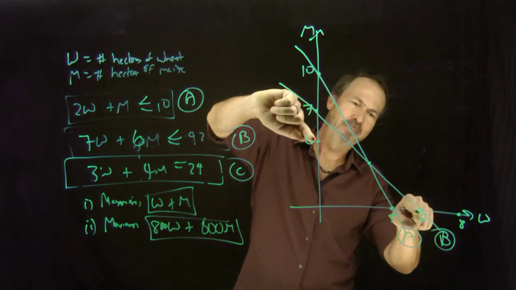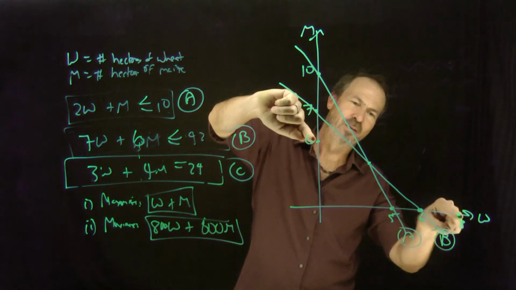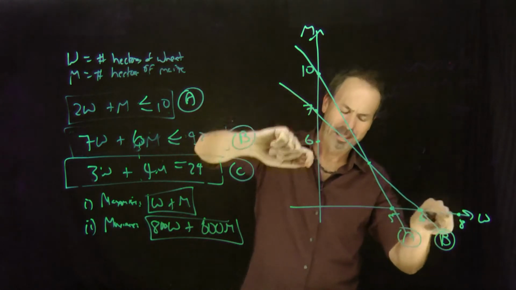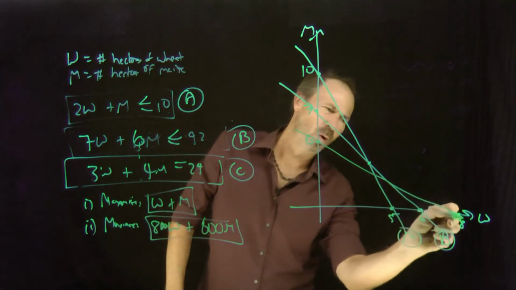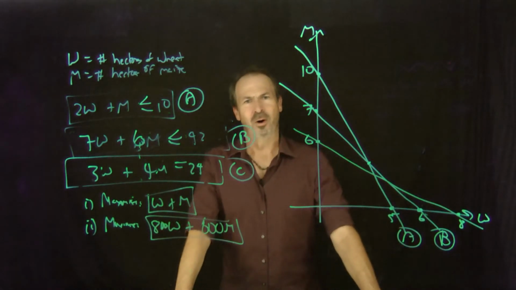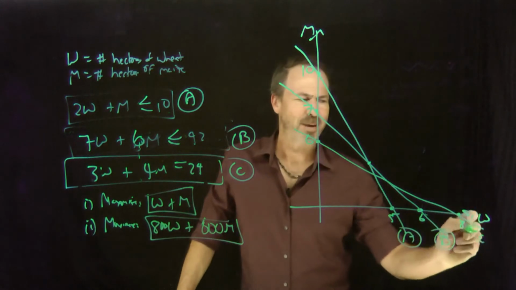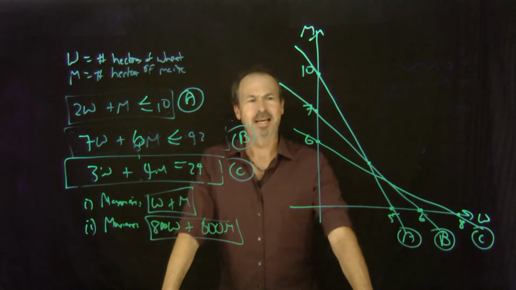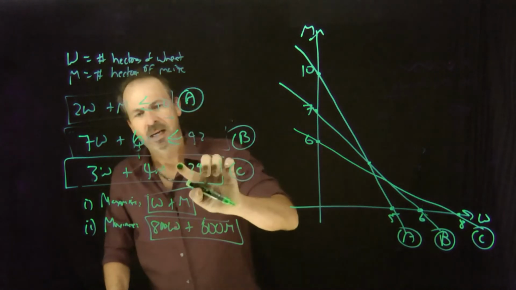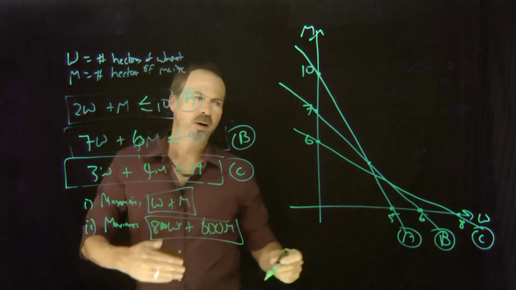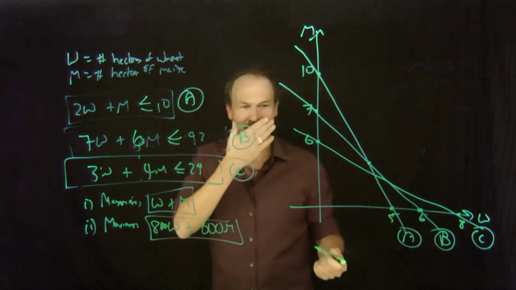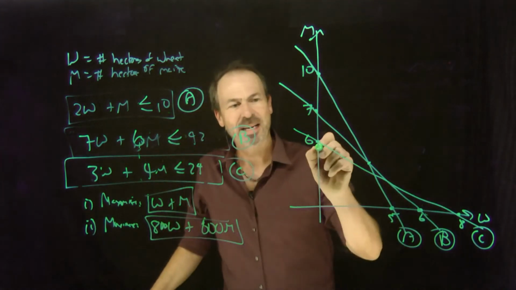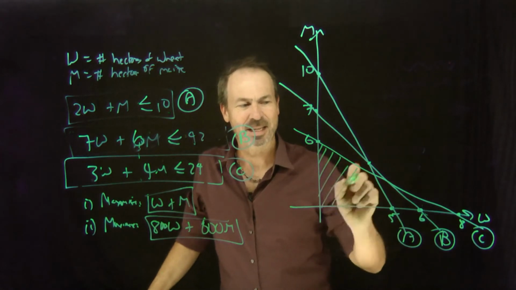And maybe I could argue, if I went out a little bit further, it makes it a little bit lower still. Whoa, that is nerve-wracking. There's part C. I have a feeling I'm under. So when I go less than or equal to 24, I'll be under that line even more so. So I think the feasible region is this.